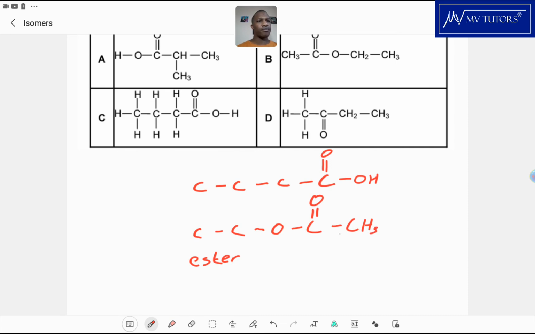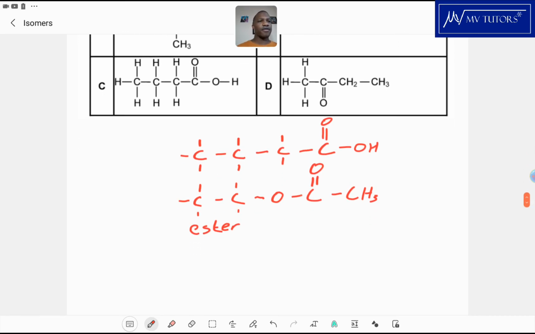Could be 3 of them. It's 3 of them. Okay. Now remember, each one of these has an H here because carbon must always have 4 bonds, like that. Okay. Now, this is a different one.